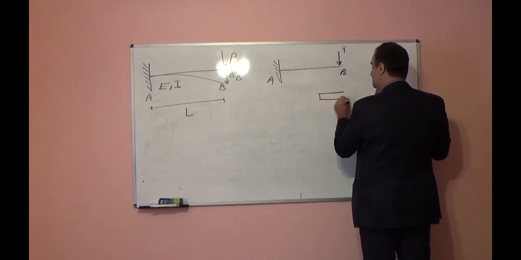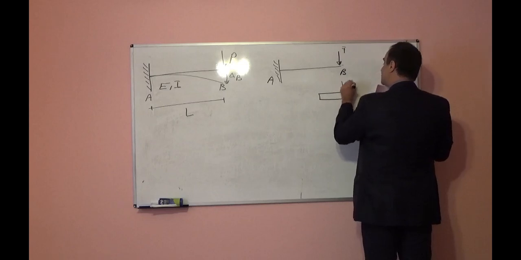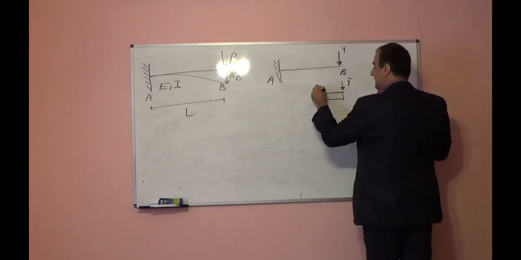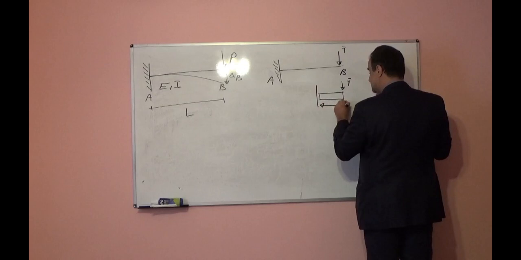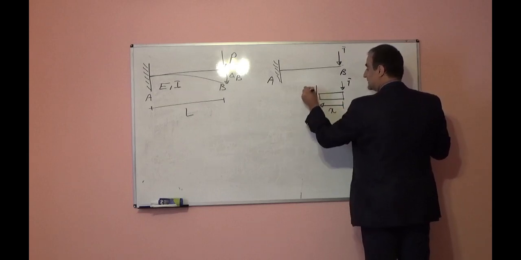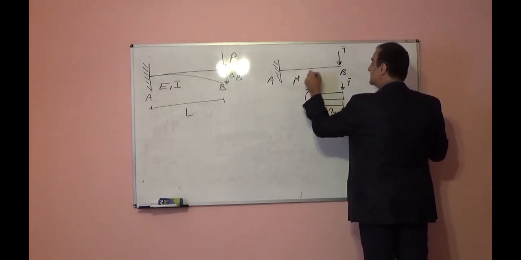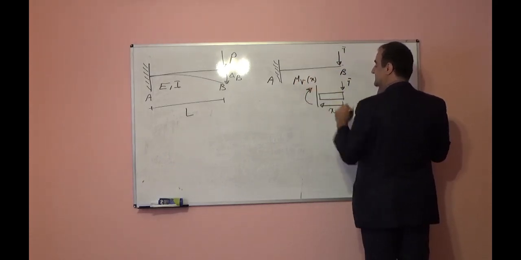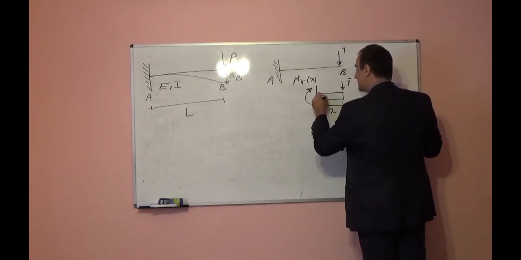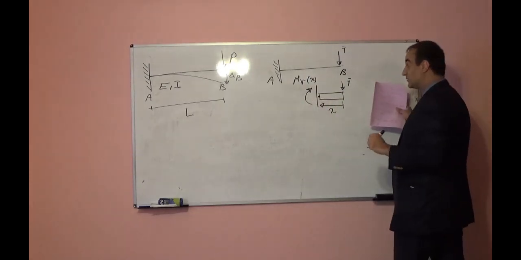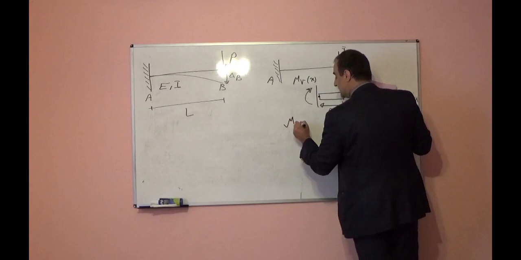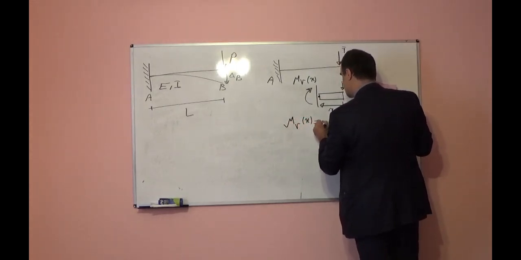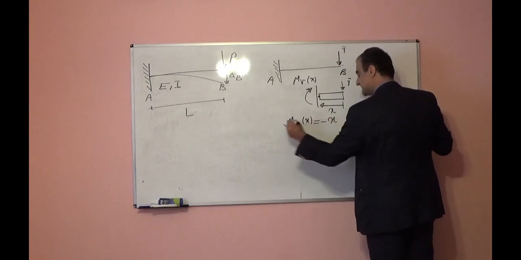If I have a beam and I apply a unit load here, and I cut at distance x, the internal moment because of this virtual load, m_v at x distance, if I take moment with respect to the cut point, is m_v(x) = -x.